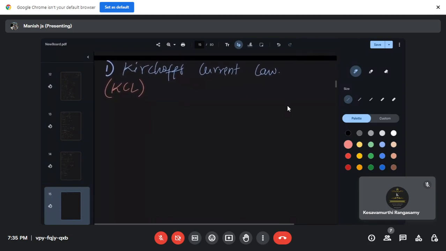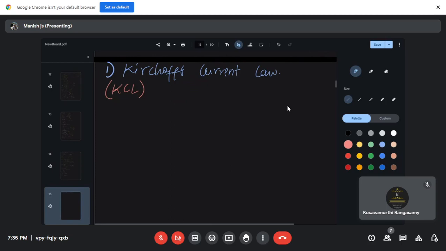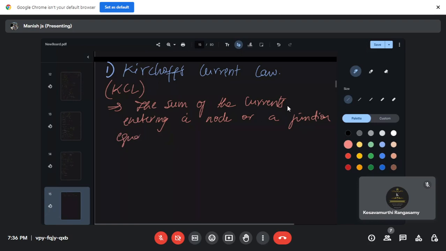According to Kirchhoff's current law, the sum of the currents entering a node or a junction equals the sum of the currents leaving a node or a junction.